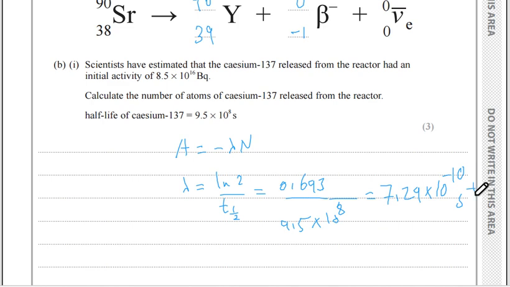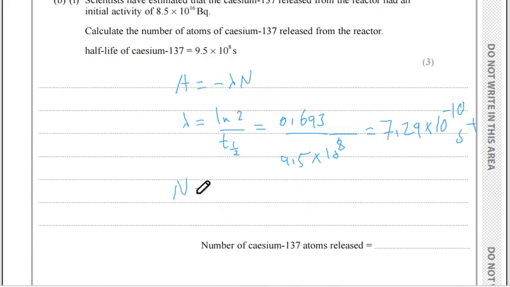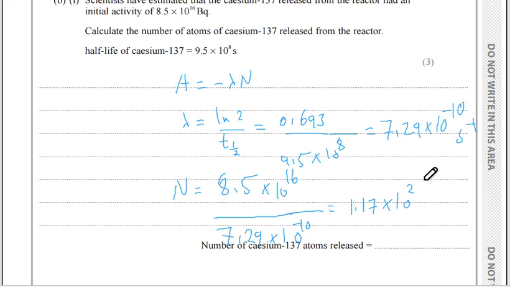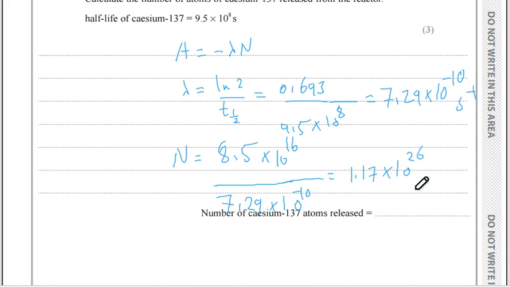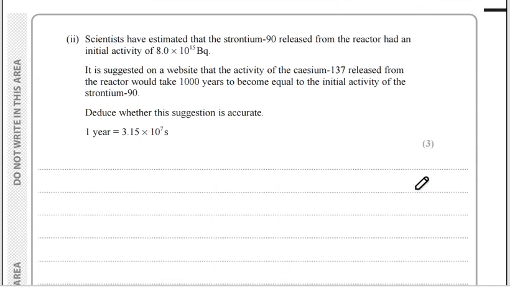And N will be the activity given divided by lambda that we have just calculated. Okay. This gives the answer of this number of nuclei.